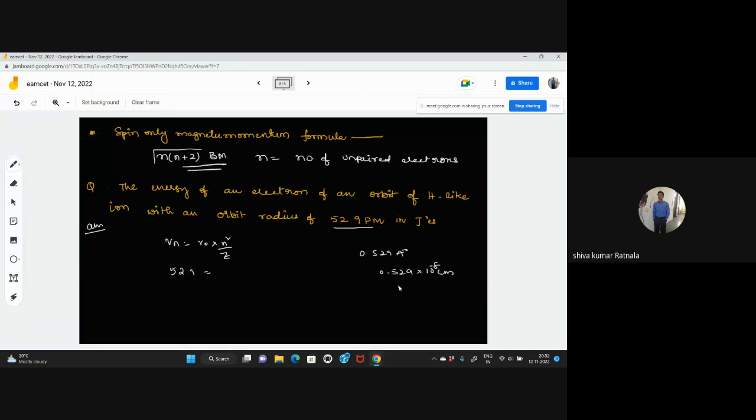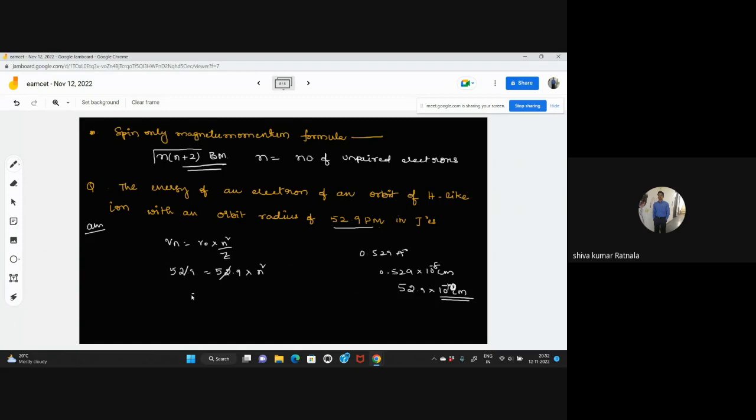This we can write as 52.9 picometers, so 52.9 into n square, taking hydrogen atom as 1.